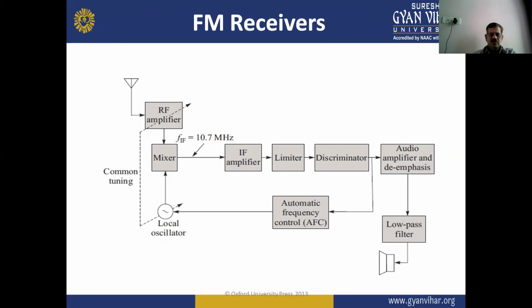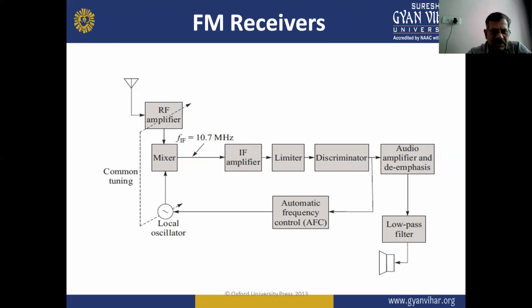FM receivers. In this diagram, that is the FM receiver diagram, the signal is received with the help of the antenna, and this signal is fed to the RF amplifier, and the output of the amplifier is applied to the mixer.